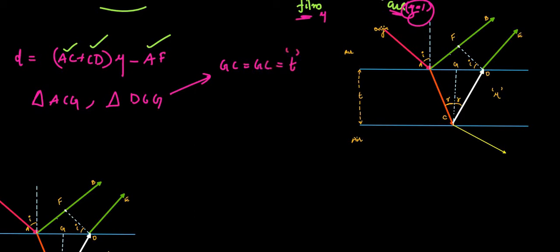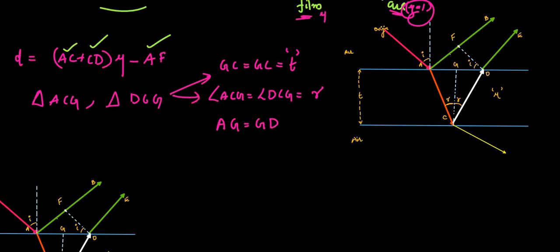Also, the angle ACG is equal to angle BCG, which is R. This AD is bisected by this GC, therefore AG is equal to GD.